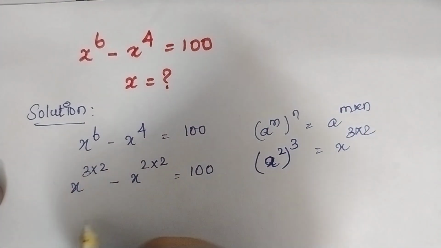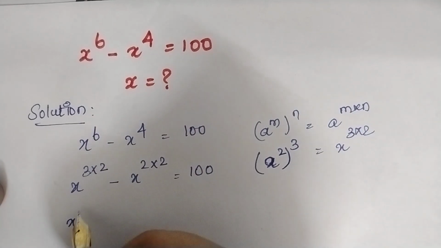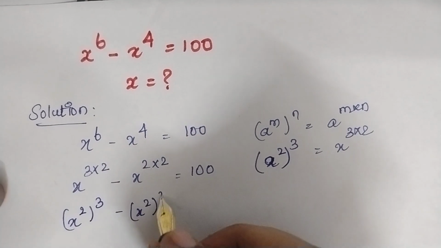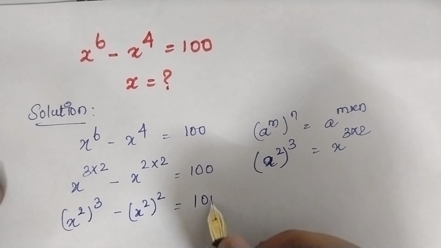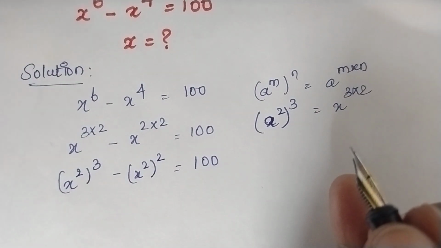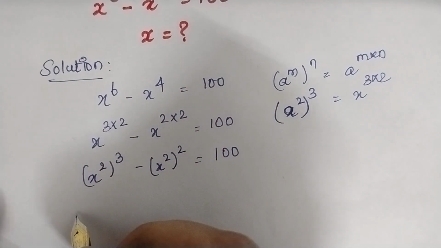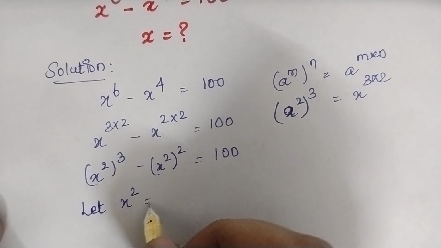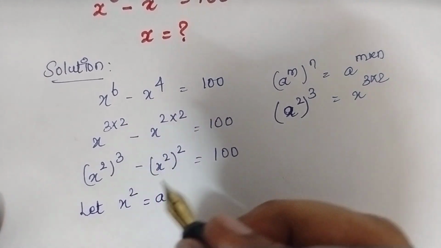So just replace that. Therefore x square the whole cube minus x square the whole square which is equal to 100. Now I am going to let x square is equal to a. So just apply that here.